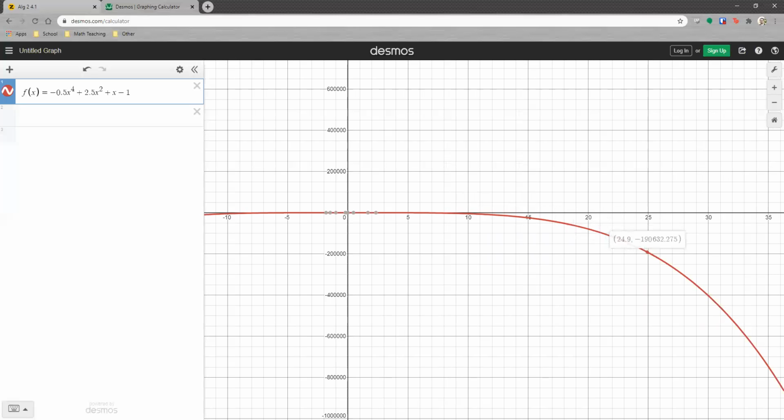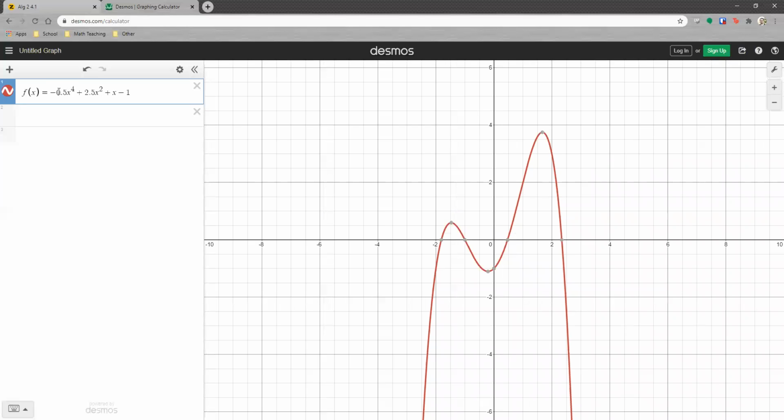By the time I'm at just 25, my y values have already gotten into the negative hundreds of thousands. So the x values grow much more slowly in comparison to the y values. But we have predicted that end behavior.